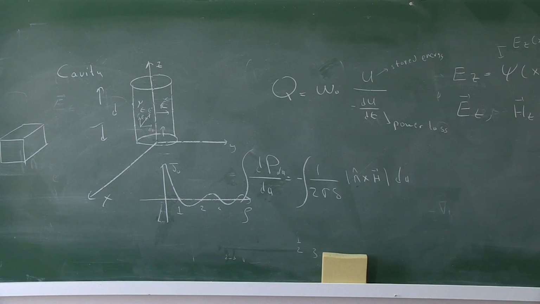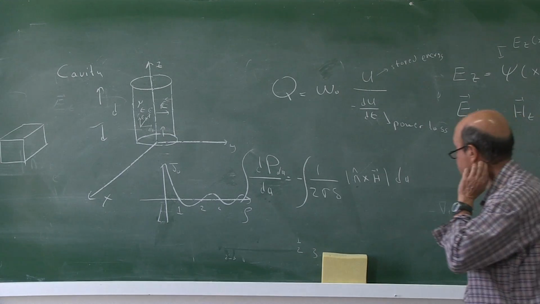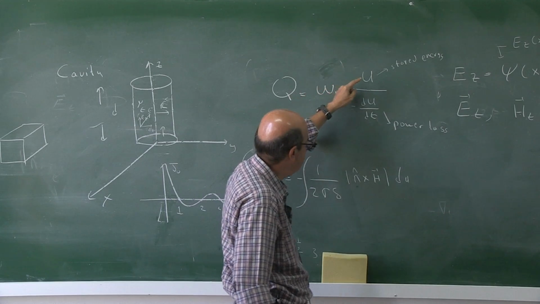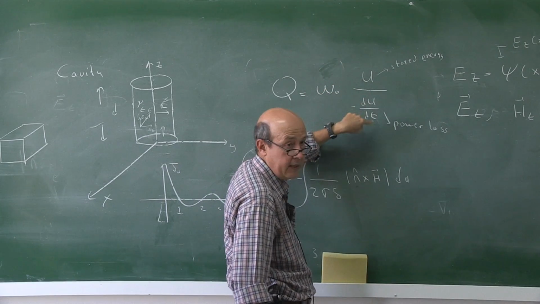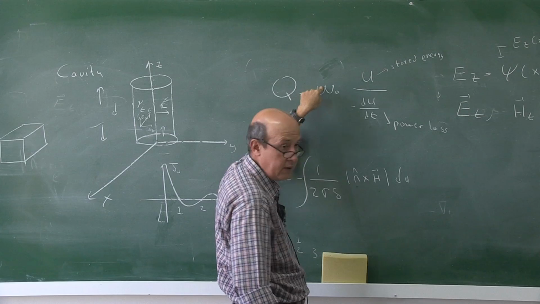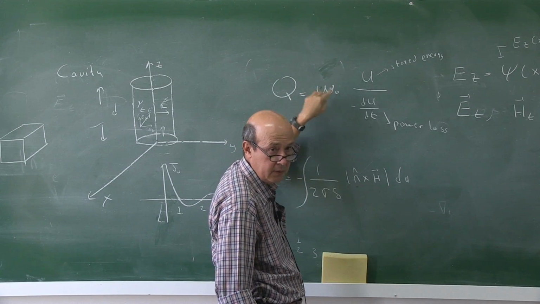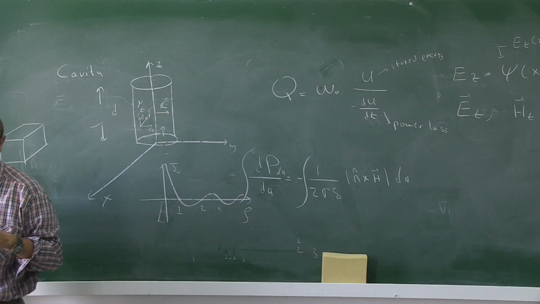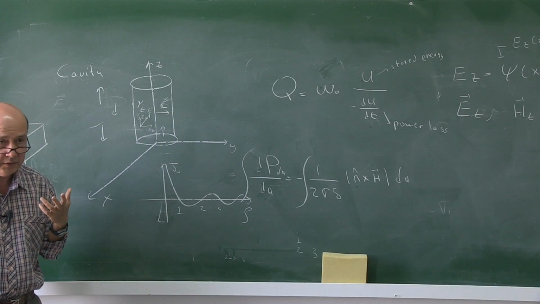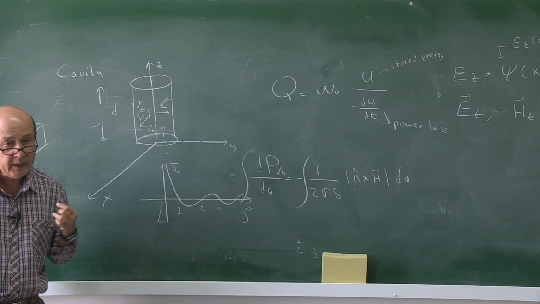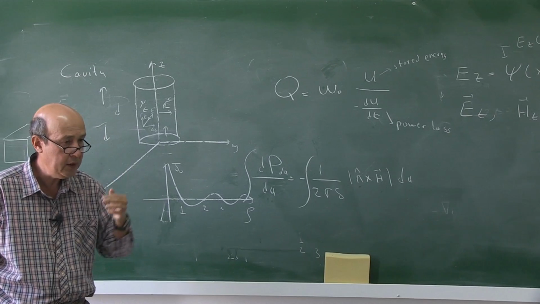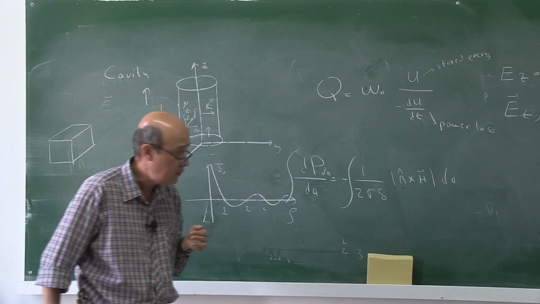For any oscillator, you can calculate the quality. As for dimensions, this is the energy, this is the energy per time, but frequency is 1 over time, so this is a dimensionless quantity. For microwaves, this quality factor is around 1000. But for any kind of oscillator, you can calculate the quality factor.